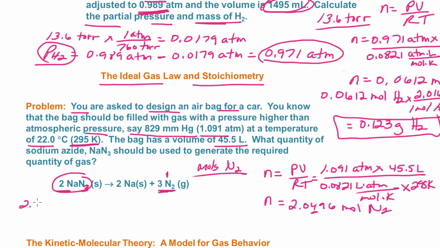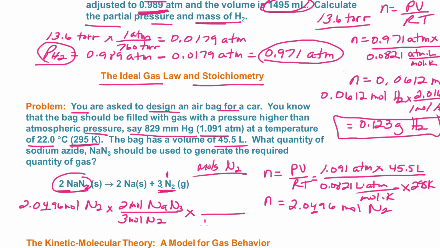So we have 2.0496 moles of nitrogen gas, and our mole ratio is 3 moles of nitrogen to 2 moles of sodium azide.